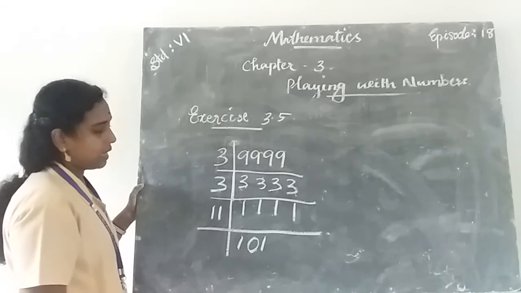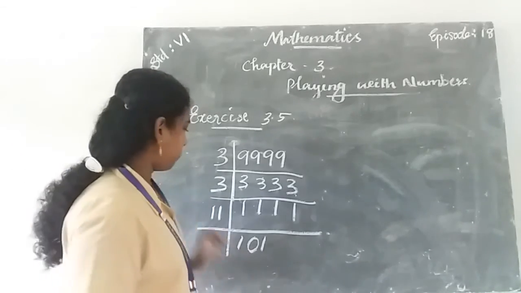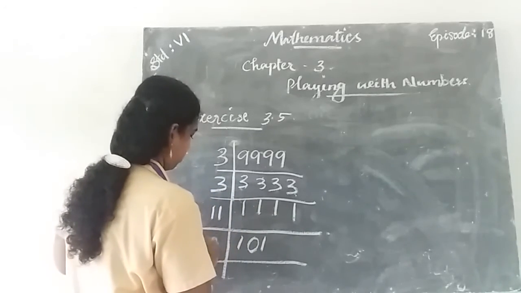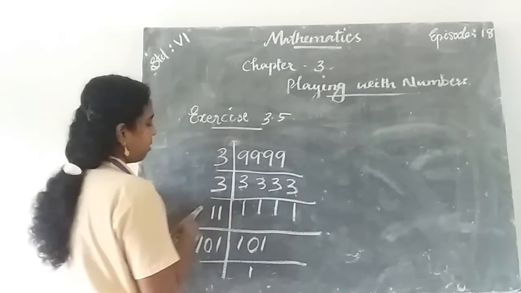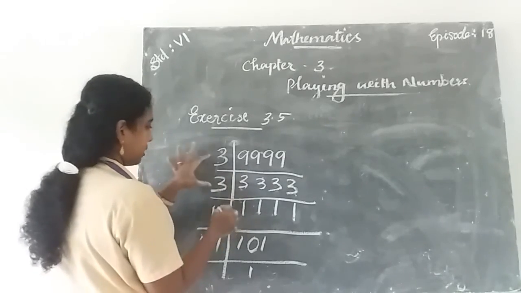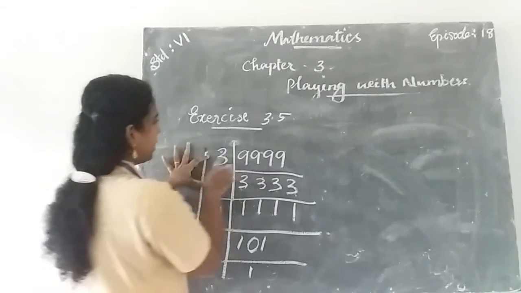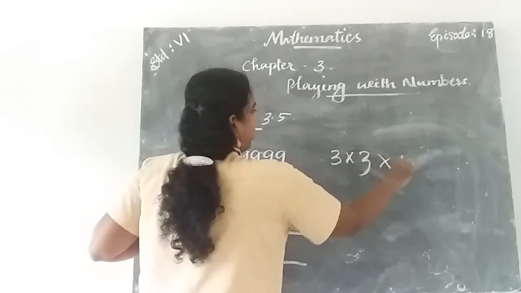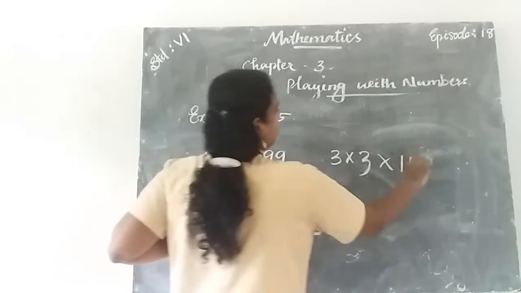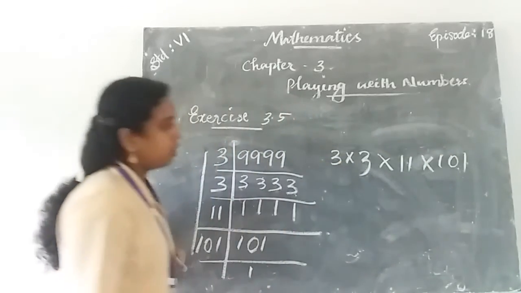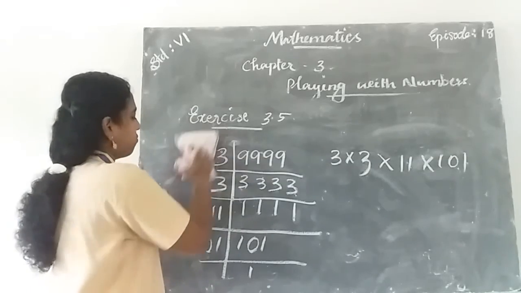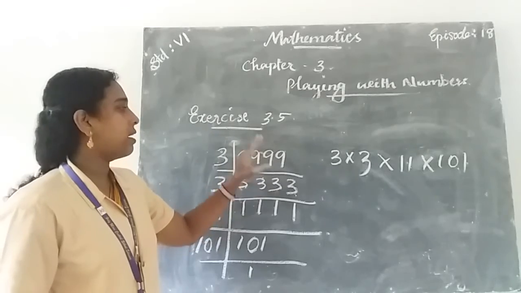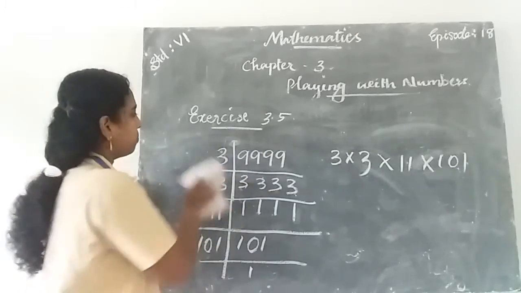So the prime factorization of the greatest 4-digit number can be expressed in terms of 3 into 3 into 11 into 101. This is the prime factorization of the greatest number, 9999.